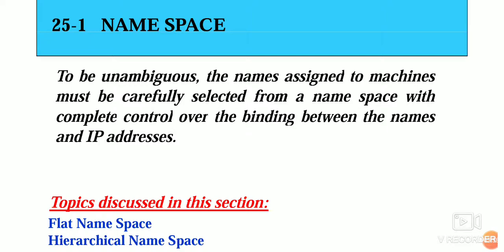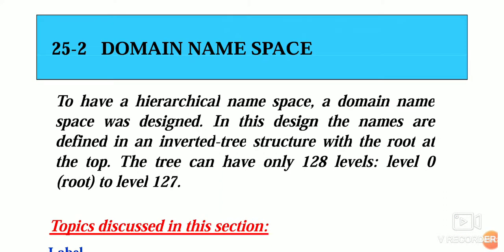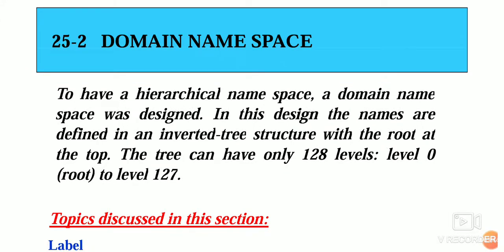Let's see some examples regarding the domain namespace. First, a domain namespace was designed to be hierarchical. In this design, the names are defined in an inverted tree structure with a root at the top. The tree can have 128 levels, and level 0 is the root level.